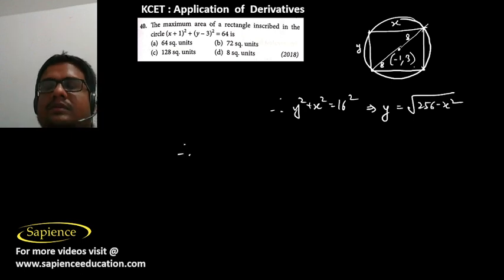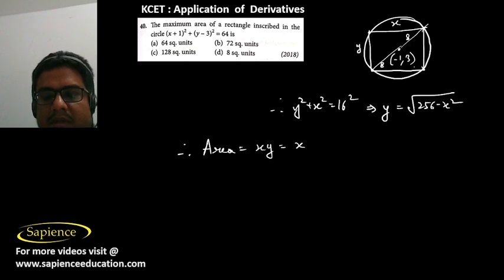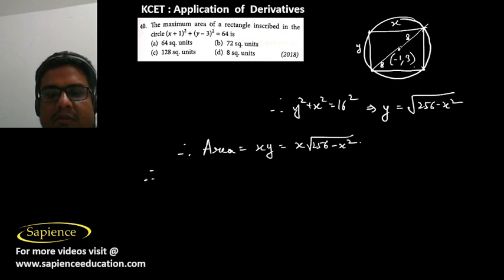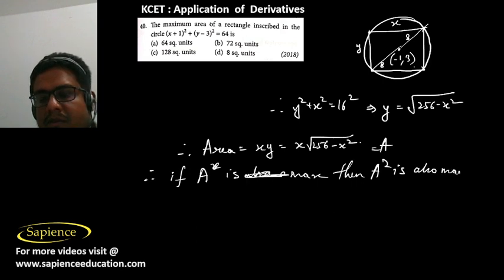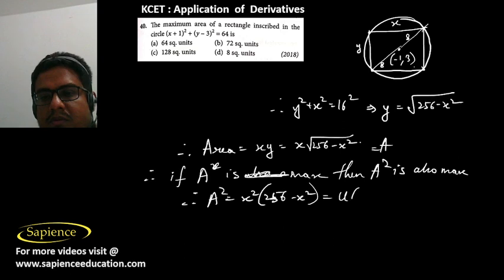Therefore the area of the rectangle is equal to x into y, that is x into the square root of (256 minus x square). If the area is maximum, then the square of the area is also maximum. So the square of the area, x square into (256 minus x square), is supposed to be u of x.